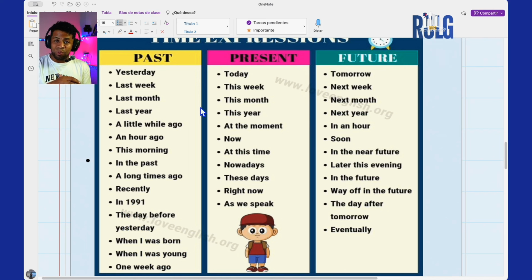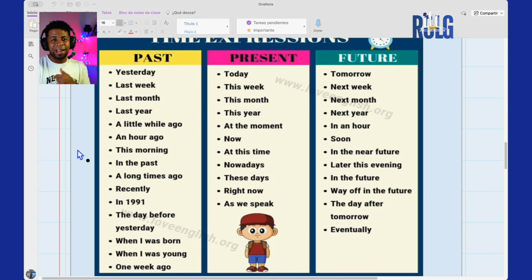If I want to create a sentence using a time expression, it's because I want to be clear and make people understand that I'm talking in past tense. For that reason, I use those kinds of time expressions, like yesterday.